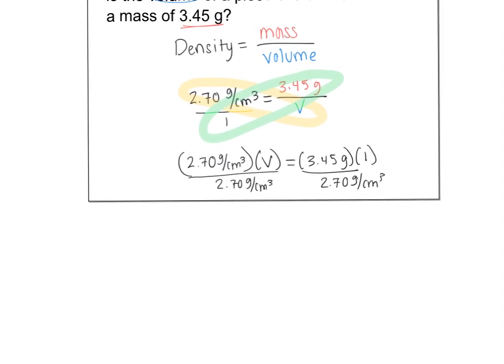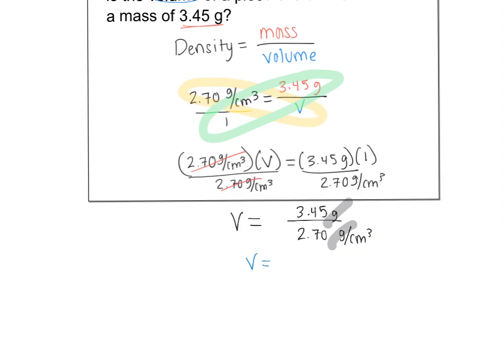So what we see here is these cancel, so I'm just left with volume equals 3.45 grams divided by 2.7 grams per centimeter cubed. On the top of my fraction I have grams, and on the bottom I have grams, so those are going to cancel, and what I'm left with is volume equals the result of this division.